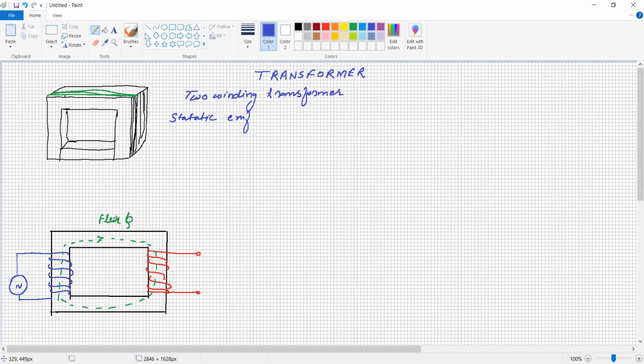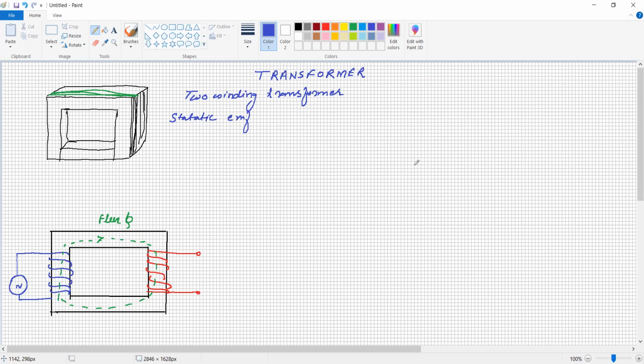The frequency of the transferred voltage remains the same. If it is 50 hertz, you will get 50 hertz in the secondary winding of the transformer. If it is 60 hertz, you will get 60 hertz. The voltage level can be changed, while the power will again remain the same.